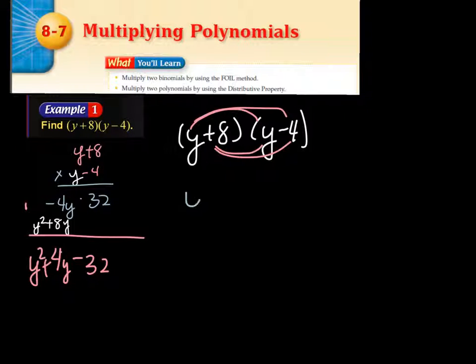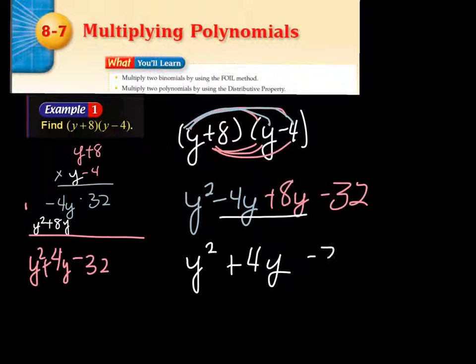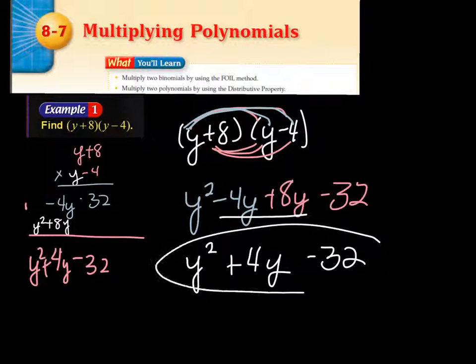So y times y is y squared, and then y times negative 4, and then same thing, we're going to do 8 times y, and 8 times negative 4. So now when we go and combine like terms, the y squared doesn't have a like term, so it just stays the same. Negative 4 plus 8 is going to be positive 4y minus 32. So I got the same answer both ways.